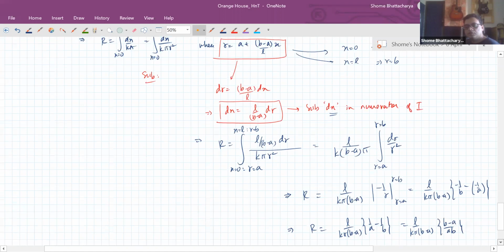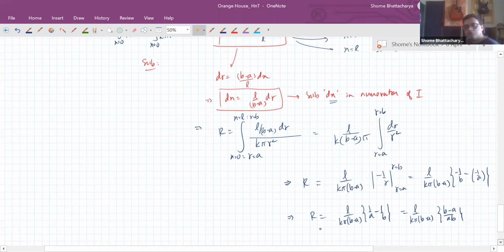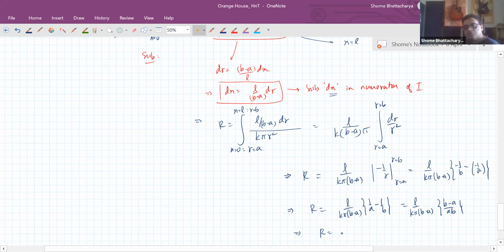So finally we end up with this simple solution that R is equal to L upon K into pi ab.